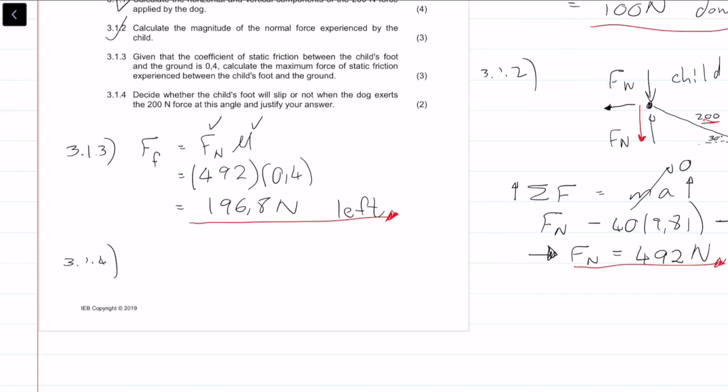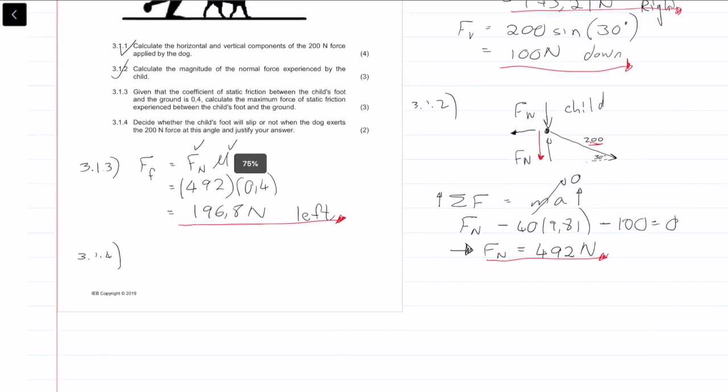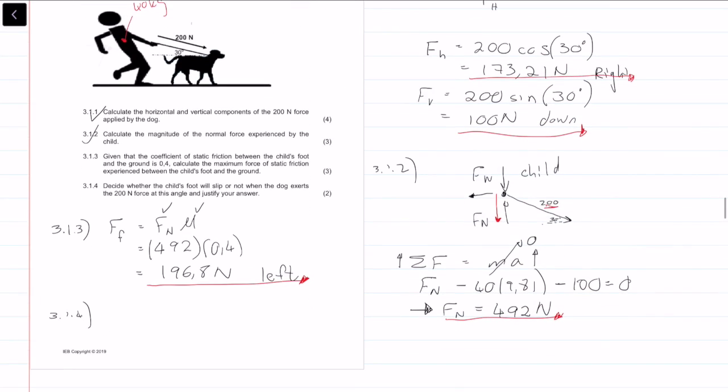3.1.4. Decide whether the child's foot will slip or not when the dog exerts a force of 200 newtons at this angle. Justify your answer. Okay, so what we need to understand is that the child's foot will slip when the horizontal force is greater than the frictional force.